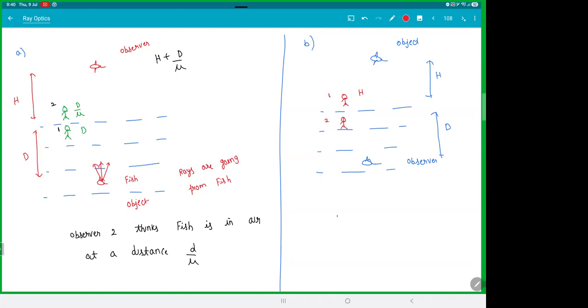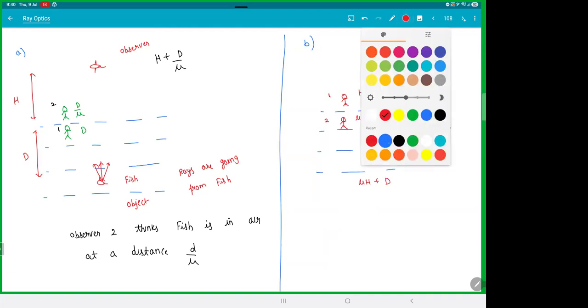What is the formula? H by mu object. Where is the object? In air, 1, into mu observer. Where is the observer? In water, into mu. Are you getting that formula there? So this person will say it is mu h. So the moment you put your head inside the water, suddenly you think this bird is at a distance of mu h. Now you are in the water, the fish is also in the water, so the fish will say it is mu h plus capital D. Are you getting how to use that interface of each medium?